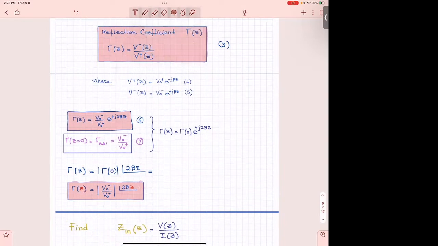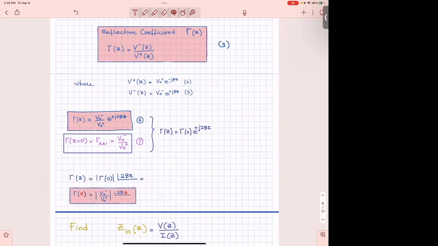I need to save some space there. Since I have that down here, let me move this a little smaller and put this here.